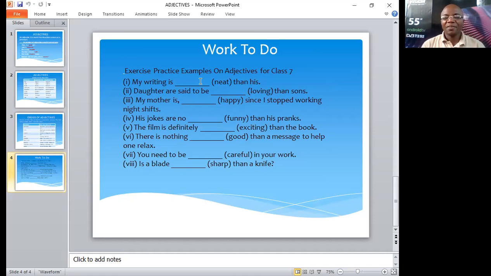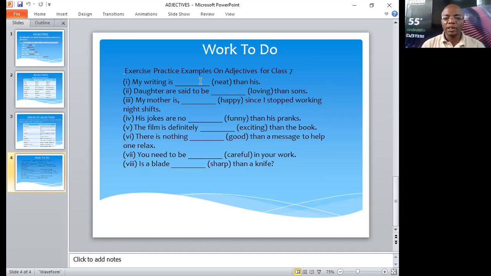We have the word loving in brackets. You put the right adjective there. My mother is dash happy since I stopped working night shifts. His jokes are no dash funny than his pranks. The film is definitely dash exciting than the book. There is nothing dash good than a message to help one relax.